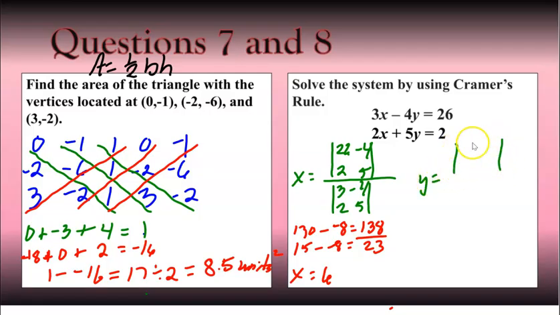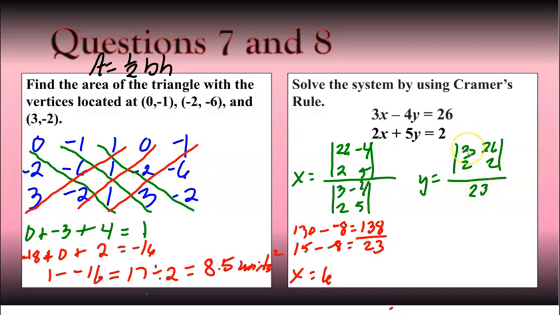We have a matrix in the top, but we're going to substitute 26 and 2 for our y value. So 26 and 2 go here, and 3 and 2 go here. The denominator, the coefficient matrix, stays the same. So since we already found that the determinant down there is 23, I'm just going to keep that at 23.